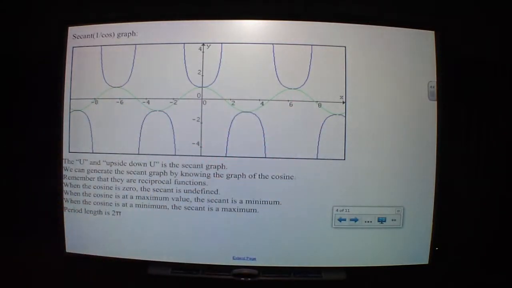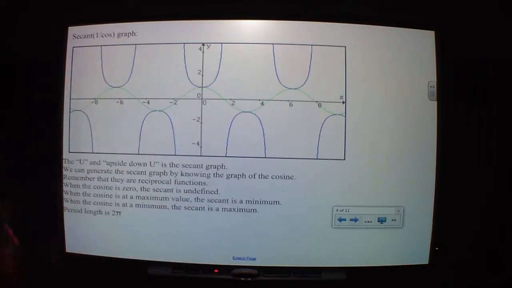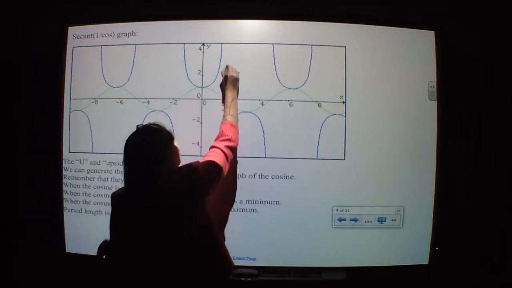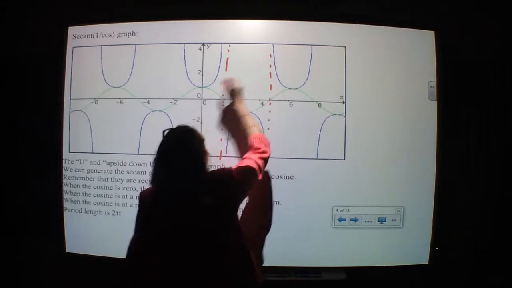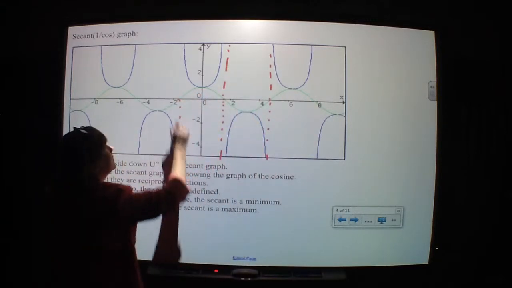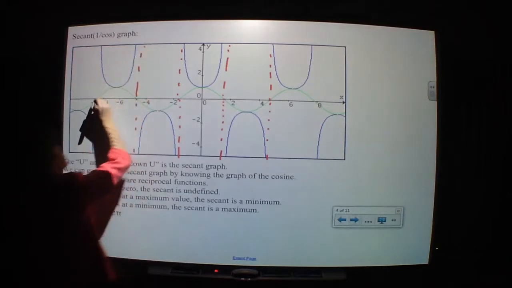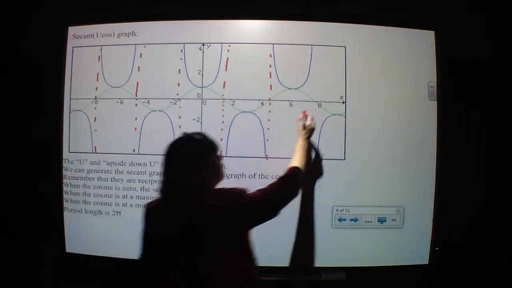And then, since secant and cosine are reciprocals of each other, wherever cosine is 0, it'll be undefined. So there's cosine 0, so there's an asymptote. Here's cosine 0, so there's an asymptote. So these are all asymptotes. Wherever cosine is 0, those are all asymptotes.